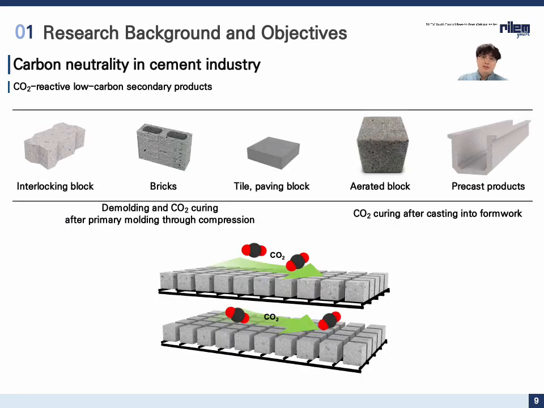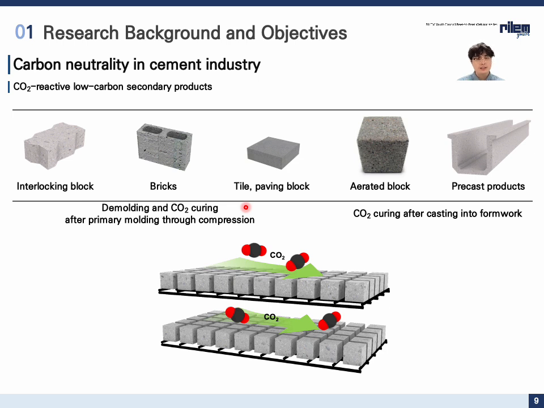This slide illustrates various practical applications of CO2 carbon construction solutions. Examples include interlocking blocks, bricks and tiles, paving blocks, aerated blocks, and precast products. Two main CO2 curing methods are showcased. First, demolding and CO2 curing after primary molding through compression.